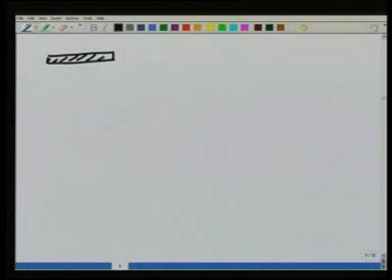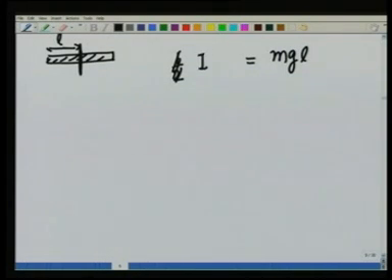First step is, when the booklet is like this, let the distance of the center of mass from the pivot point, or where I am holding it, be L. Then it experiences a force mg at the center of mass and a torque mgL, and therefore it should have an angular acceleration, which will be I times alpha.